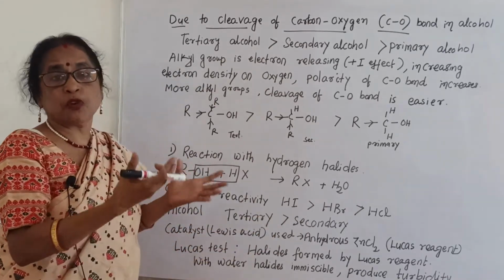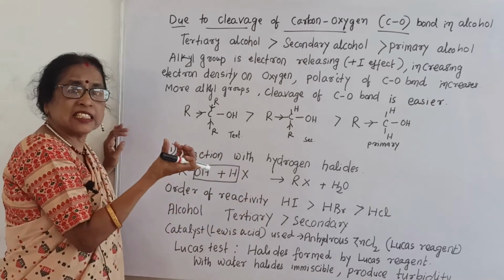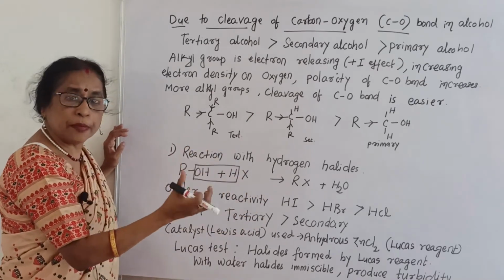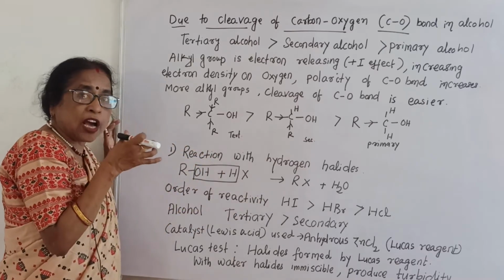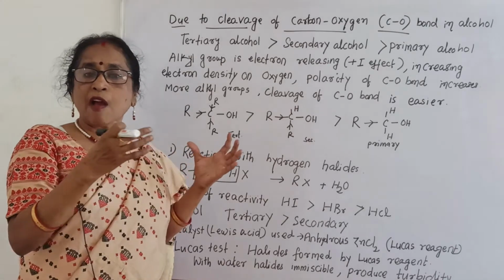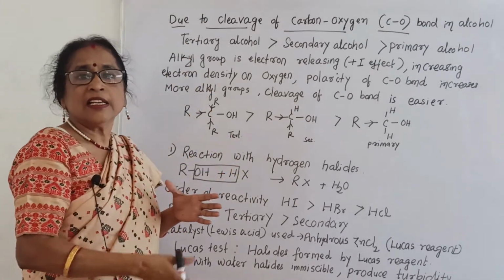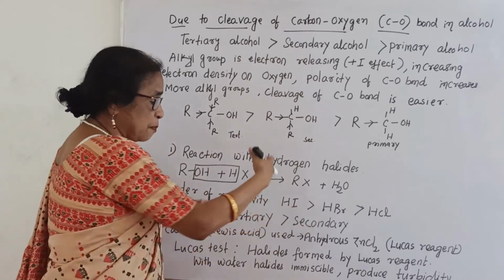Then the question is why? Because the size of iodine is larger than bromine, then chlorine. If the size of the iodide ion in HI is larger, then the cleavage of the HI bond becomes easy.